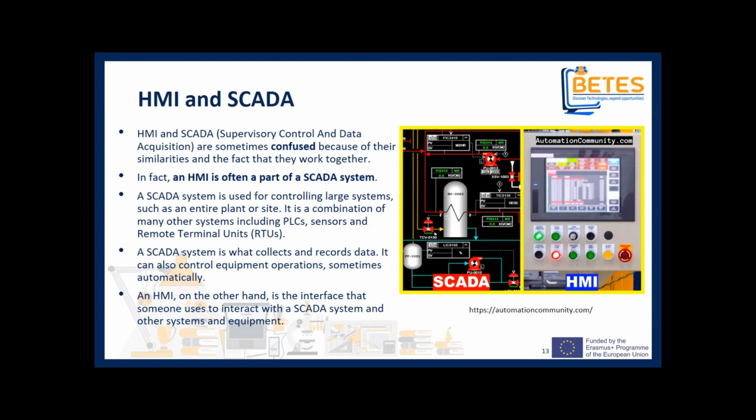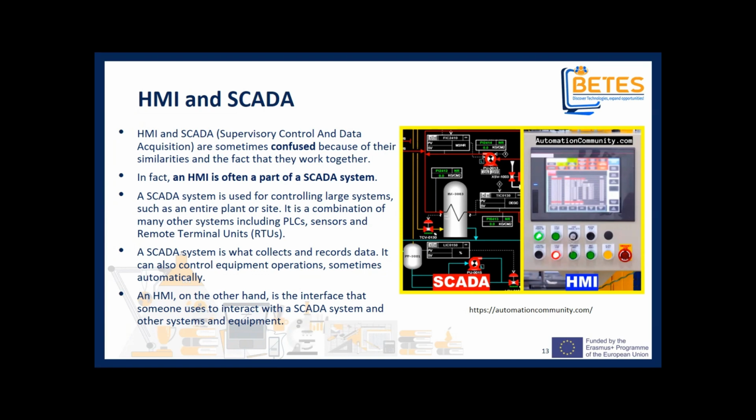It collects and records data, but in the SCADA system, we do not do operations which we can do through the HMI. So the SCADA system monitors, collects the data, records the data, and shows us the data.